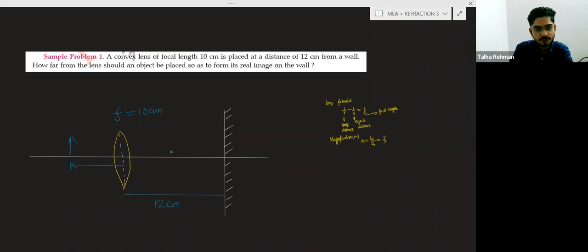Suppose u is the position of the object, placed at a distance of u from this optical center. And your image is on this wall, so this distance will be your image distance.